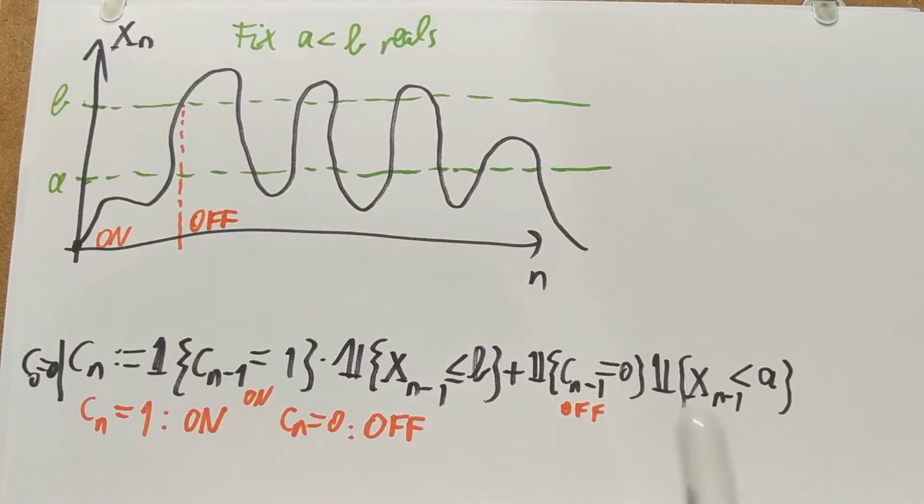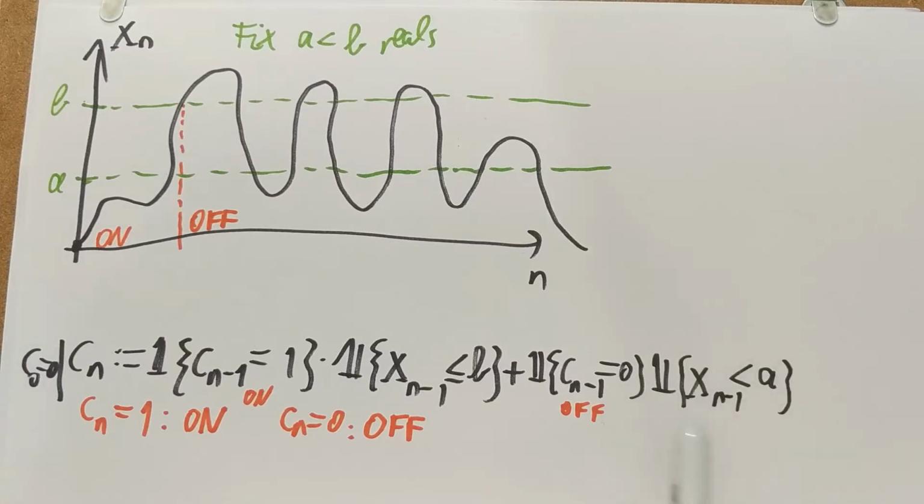And at that moment, we're going to have to look at the other side of this recursion. What happens if in the previous step my process was off, if it was 0? Then the first indicator doesn't play any role. I just have to look at the second part. And this indicator will turn it back on again as soon as x_{n-1} goes back below a.